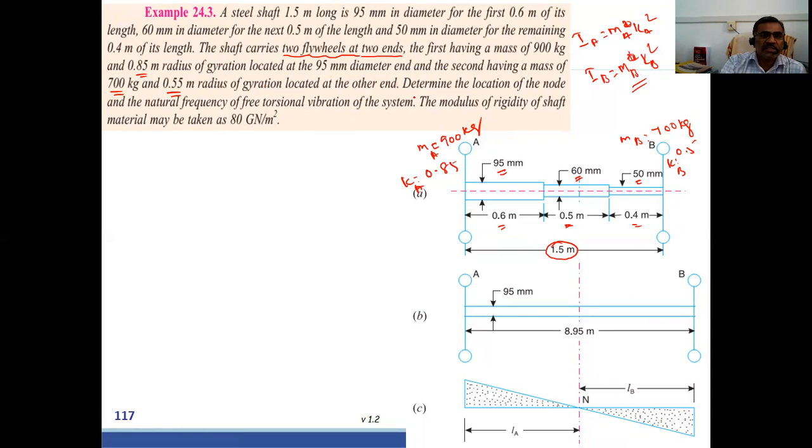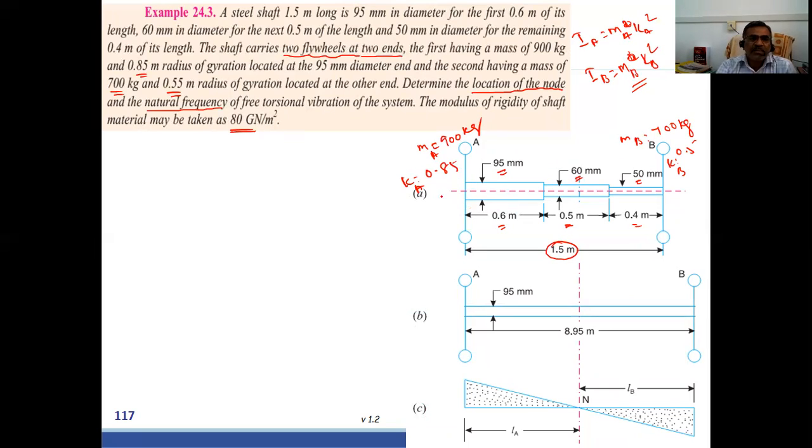What you have to determine is the location of the node and the natural frequency. These are the 2 things you have to find. The value of G is given. The node will be somewhere here, and you have to find the location.